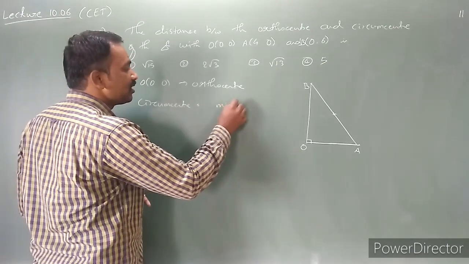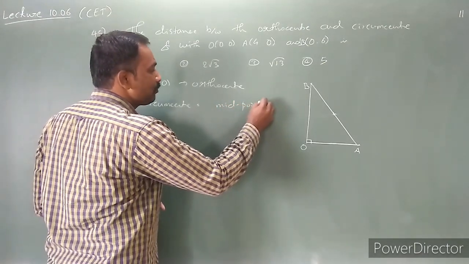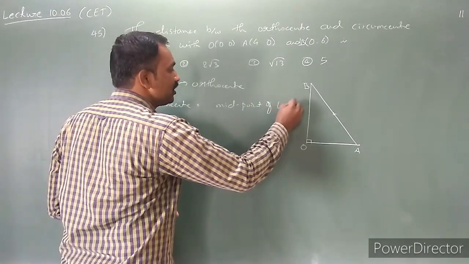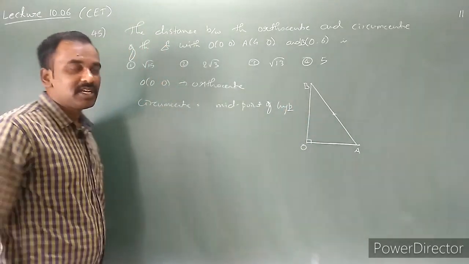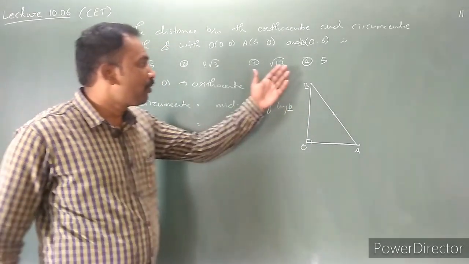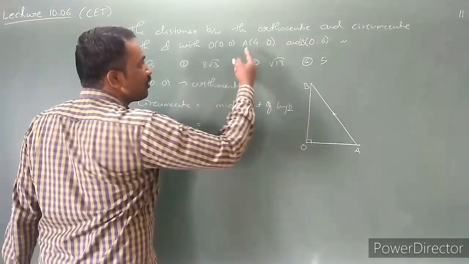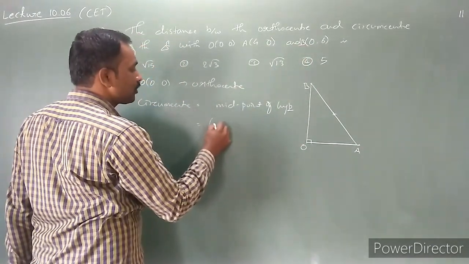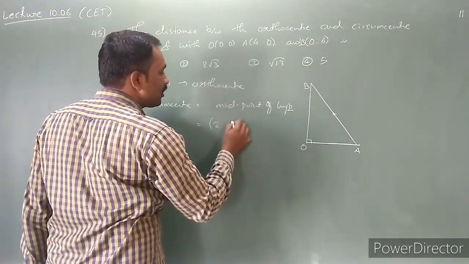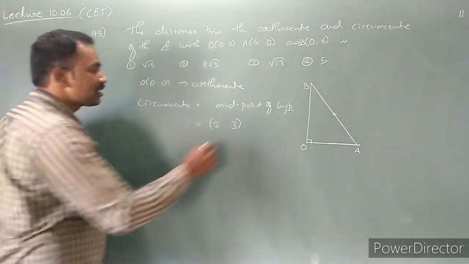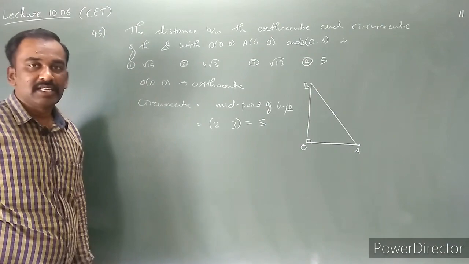The circumcenter is where the perpendicular bisectors meet. Whenever it is a right angle triangle, the circumcenter is the midpoint of the hypotenuse. What is the midpoint of AB? x1 plus x2 divided by 2, y1 plus y2 divided by 2, that is (2, 3), the circumcenter called S.